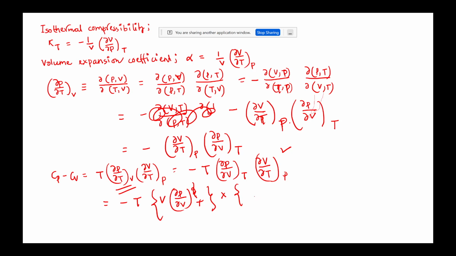Here there is del V del T square, so del V del T is 1 by V, so 1 by V del V del T at P whole square.